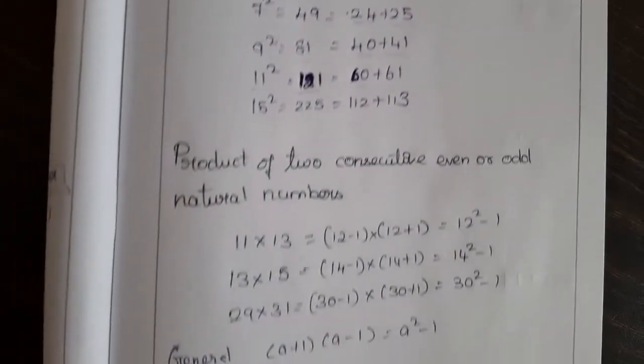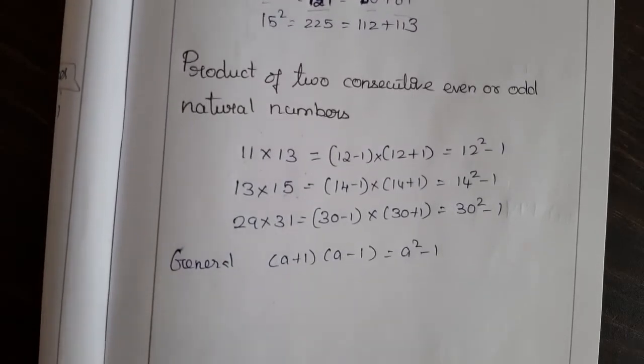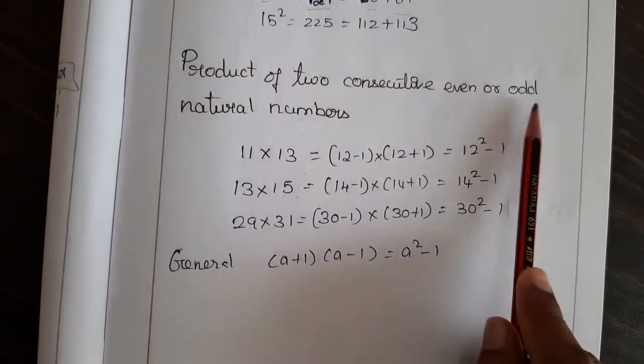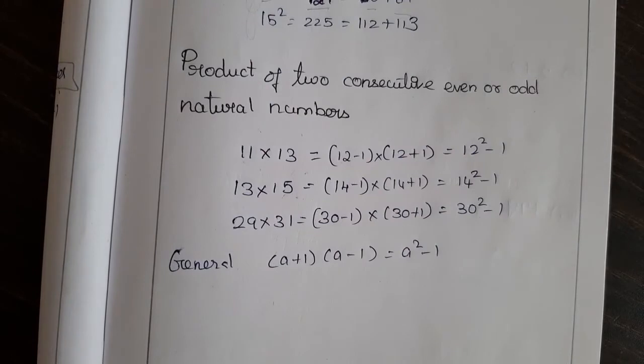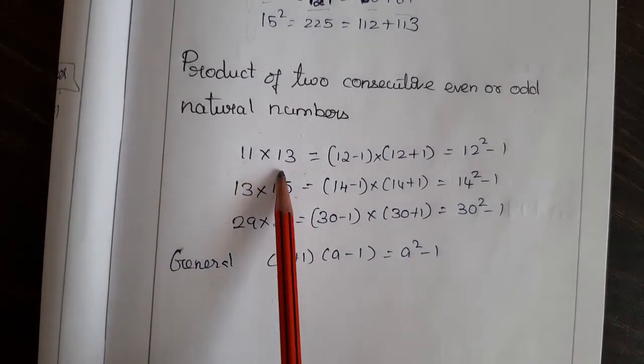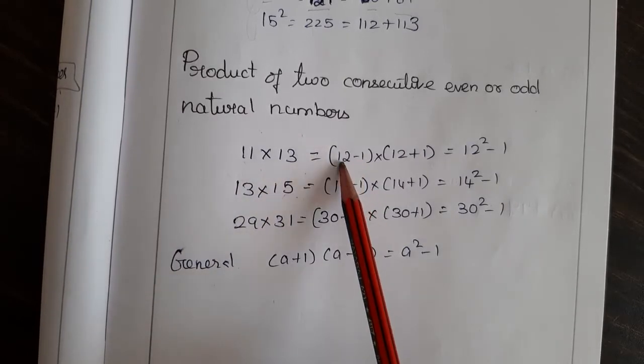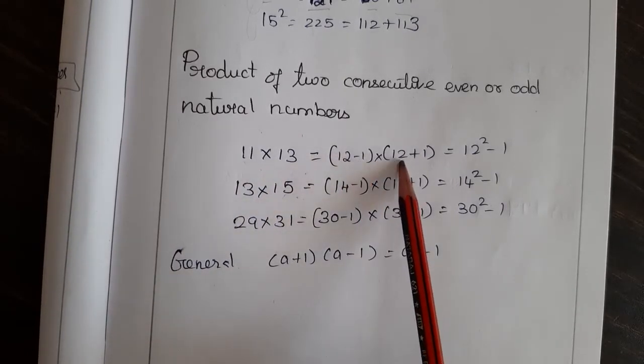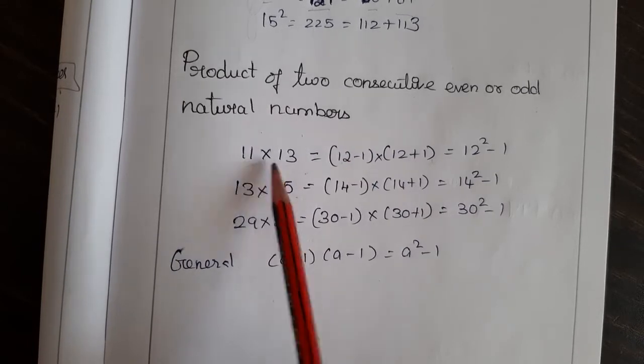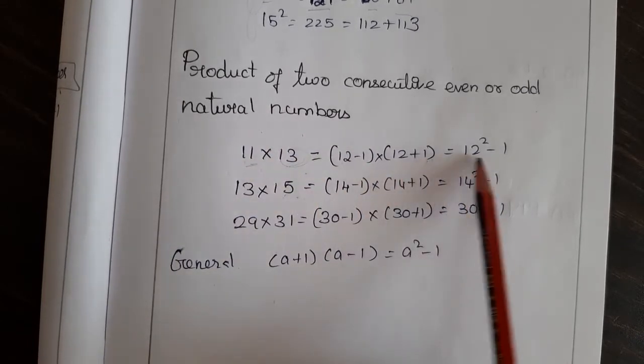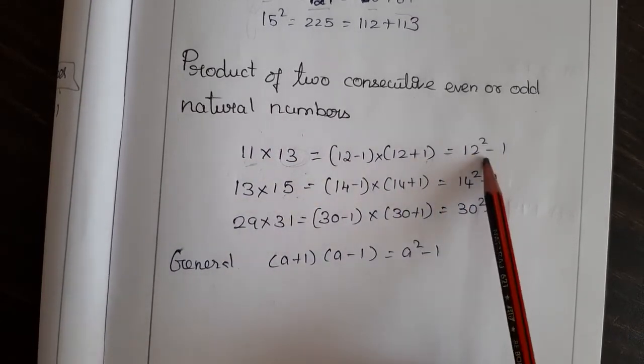So here we go for the next pattern, product of two consecutive even or odd natural numbers. I have chosen odd numbers here. So 11 into 13 we can represent as 12 minus 1 into 12 plus 1, right? So 12 minus 1 is 11 and 13 is 12 plus 1, which is in the form of 12 square minus 1.